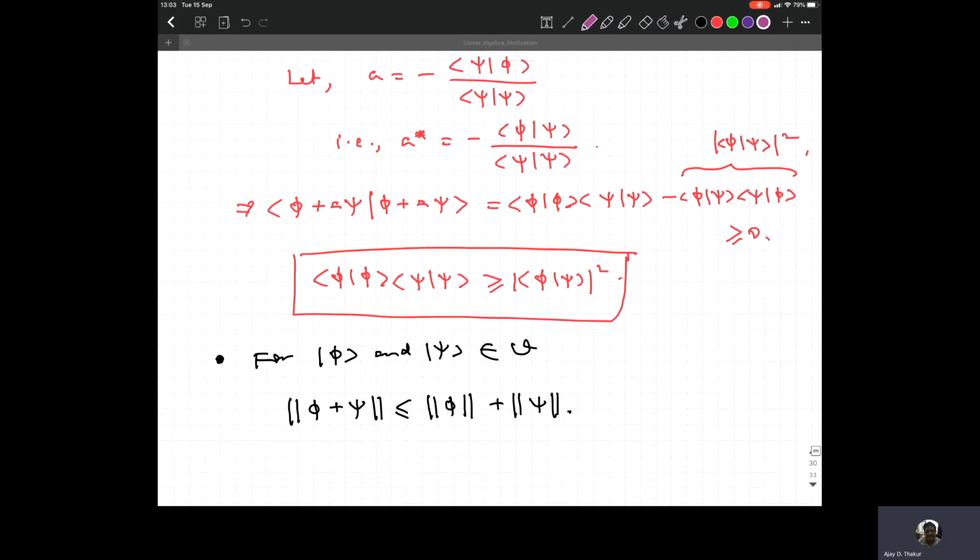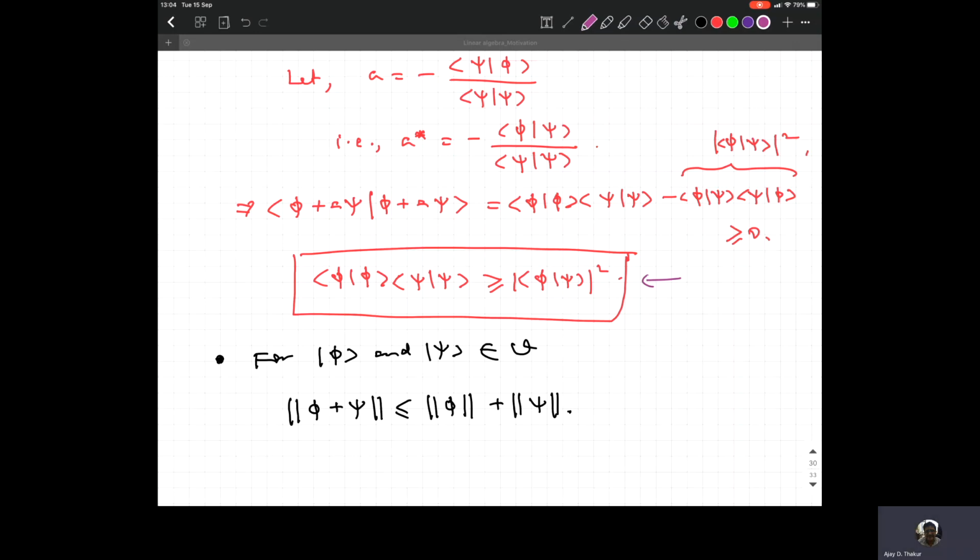So that leads us to this interesting result, which is that the inner product of two kets modulo square is going to be less than or equal to the product of norms squared of those two vectors.